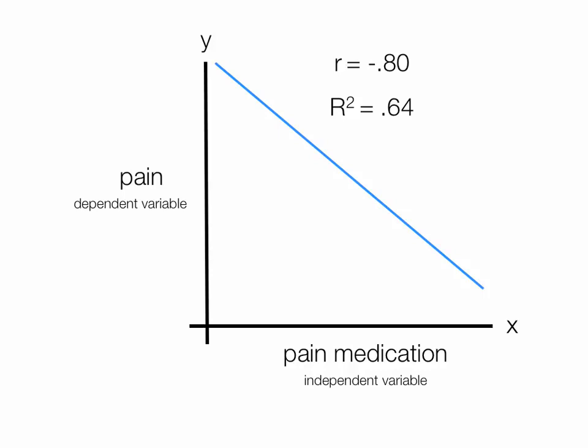R squared is simply squaring R. In this case, we would say that, roughly speaking, when we modify or manipulate pain medication, 64% of the change in pain can be attributed to the change in pain medication.